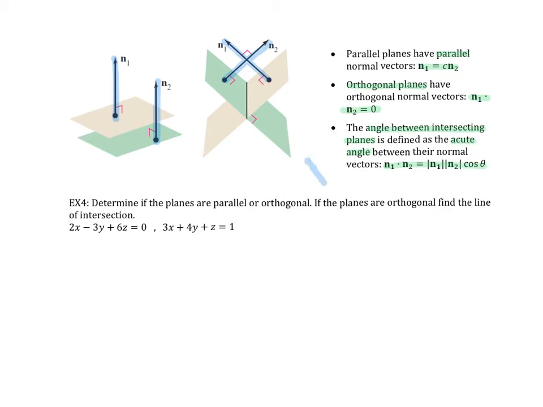So if we have two planes that intersect, we don't look at the obtuse angle, we always look at the acute angle. Sorry, this would be our angle theta that we're looking at. Okay, so always the acute angle.